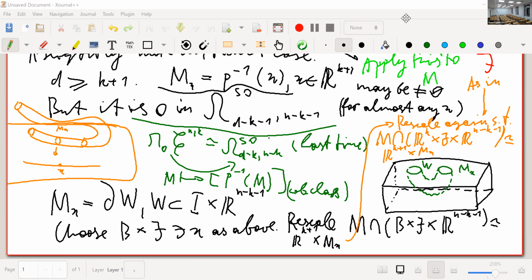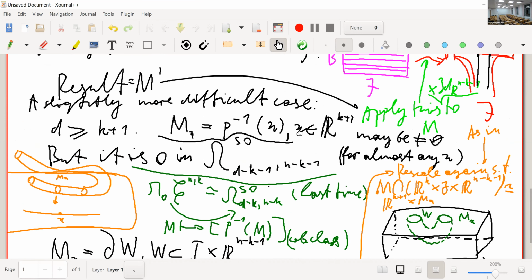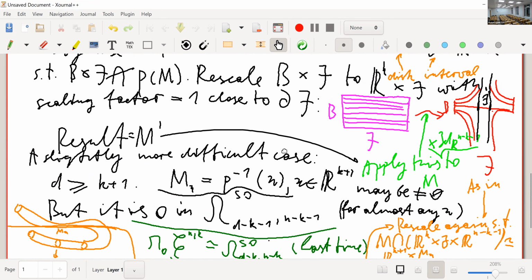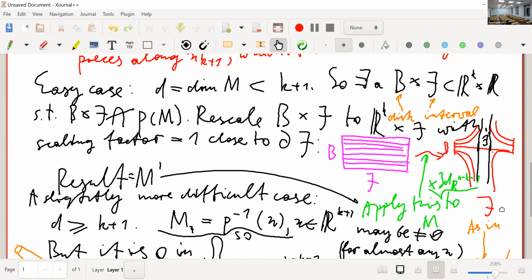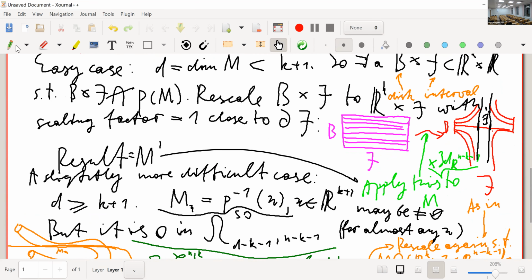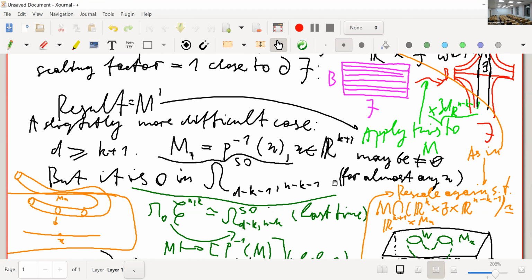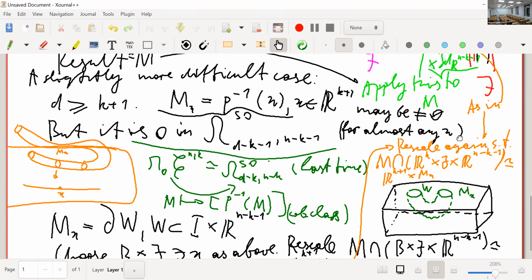Namely, we use this picture to rescale m again, so that this time instead of b, I can substitute rk.